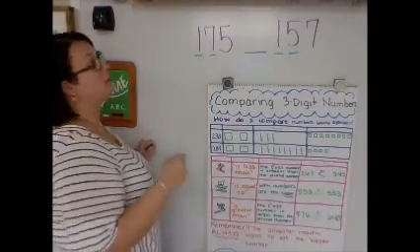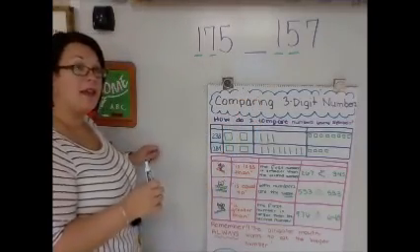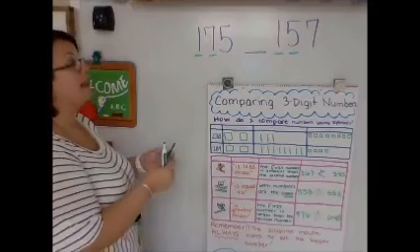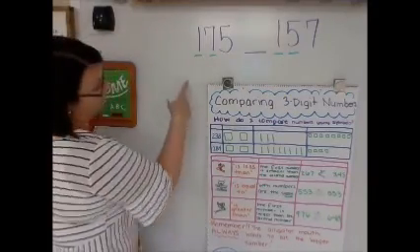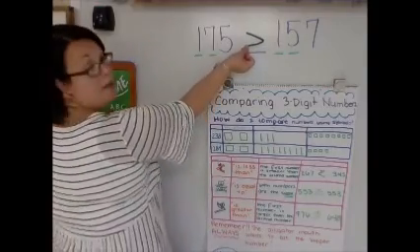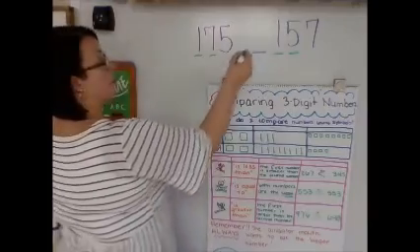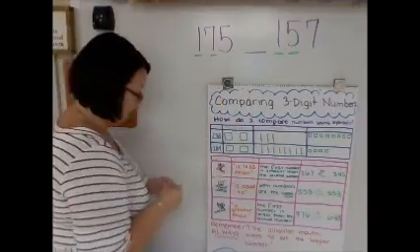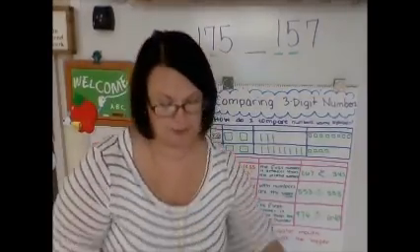This one's bigger. So that means you can stop there and you can tell me that this number is greater. So I need this symbol where the first number is larger and the open mouth is going towards the bigger number. Let me show you what that looks like if I were using base 10 blocks.